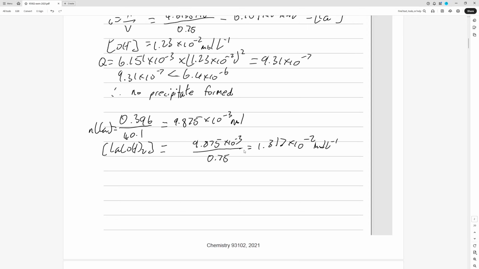From here then, the concentration now in solution of Ca2+ and OH- is just going to be this value added to the original values that we had earlier.